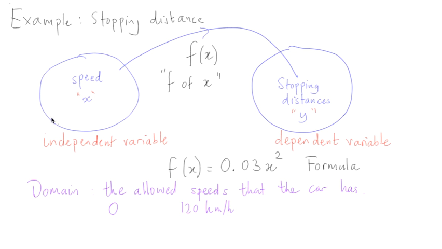So the allowed values of x, the domain, is going to be within this range. So x is greater than or equal to 0, but less than or equal to 120. In this instance, the units of our speed is kilometers per hour.